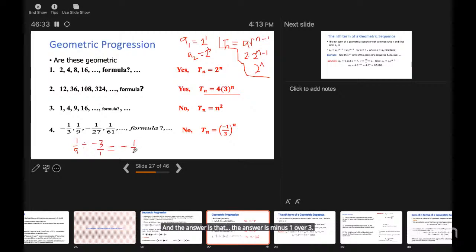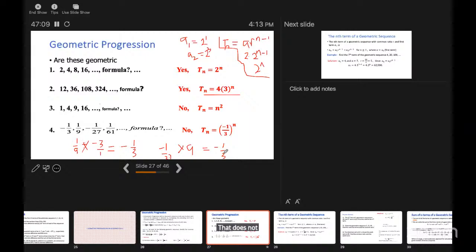Then minus 1 over 27 divided by 1 over 9 would be times 9, which is minus 1 over 3. Minus 1 over 3, minus 1 over 3.